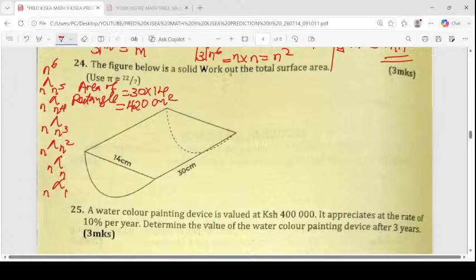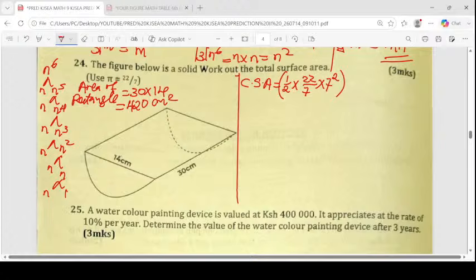Let us look at the next figure. You can see the semicircle. Let me talk about the cross-sectional area. The cross-sectional area is a semicircle, which is given by a half pi r squared. So it will be a half times pi, which is 22/7, times, if the diameter is 14, the radius will be 7 squared.